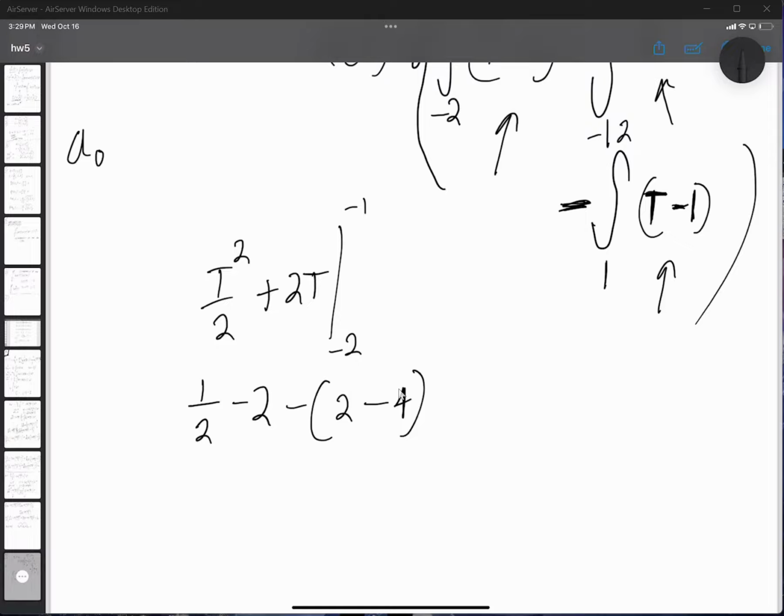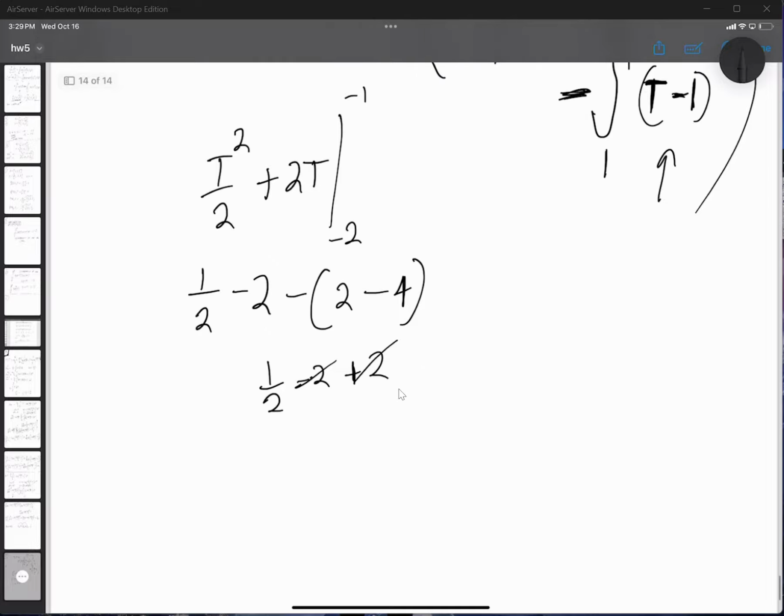Now, this comes out to be negative 2, positive. Cancel, cancel. 1/2 times 1/6 is 1/12 for the first term. Alright, so for our first integral, we got 1/12.